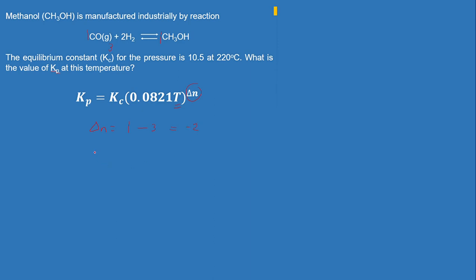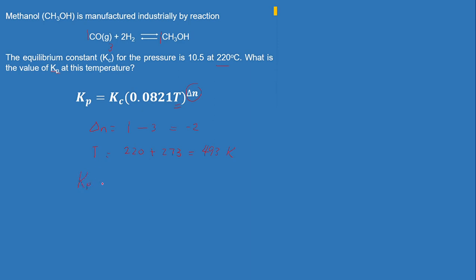Okay? Now, for the temperature, ang temperature kasi natin ay 220 degrees Celsius. So, 220 plus 273. Tulad nung dati, hindi natin susulat yung 0.15 para hindi na tayo masyadong mapahirapan pa. So, this is 493 Kelvin.